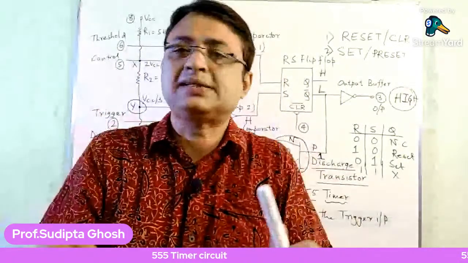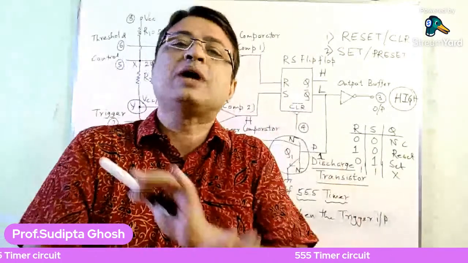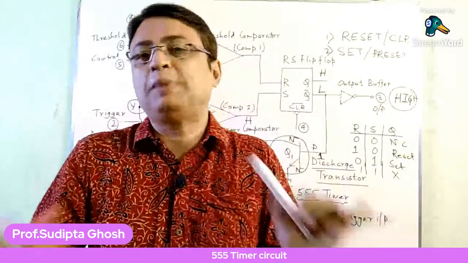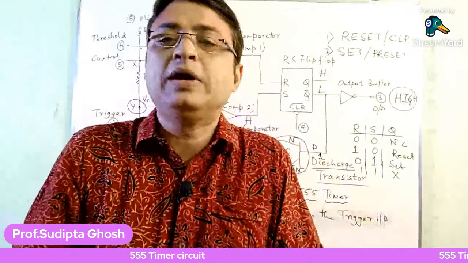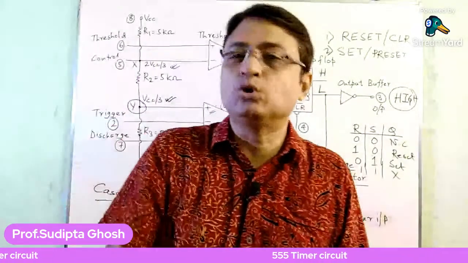If you remember these two particular lines, you can easily explain the 555 timer, and you will not forget it again in the coming future. So what are the two lines?